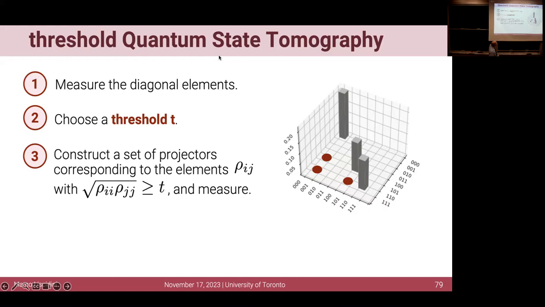what happens? Then I do only those measurements. So I don't do all the measurements as before, but I do measurements on a set that is certainly not tomographically complete, but targeted only to those elements whose modulus is particularly large. Let's try to understand the threshold here, okay? If you think about threshold 0, this is quantum state tomography.